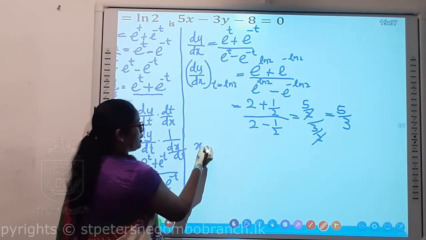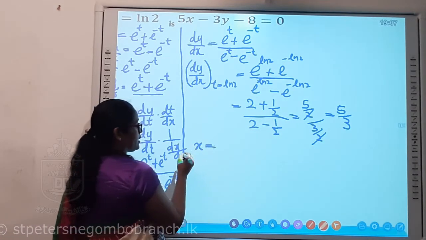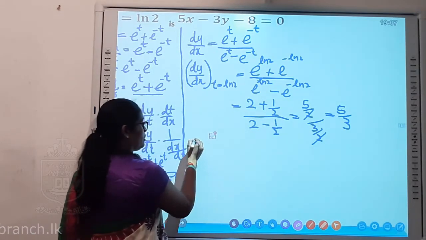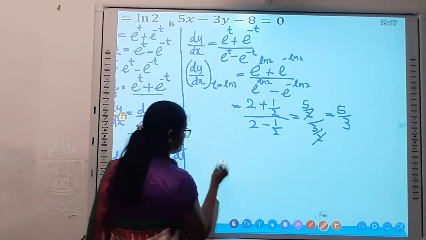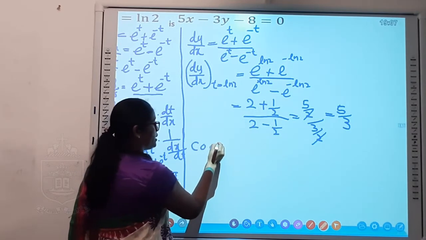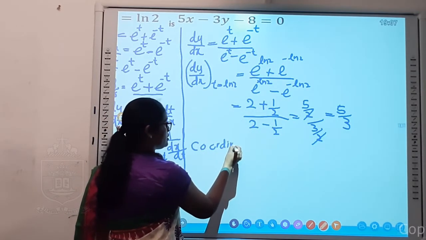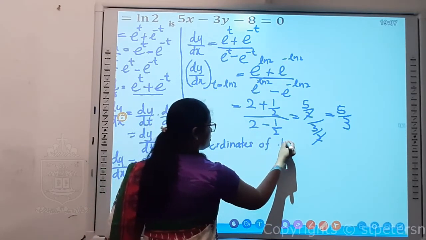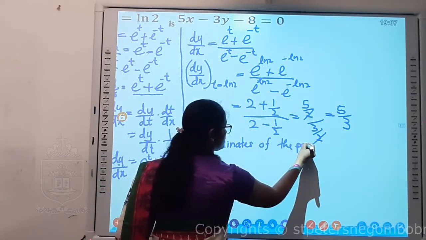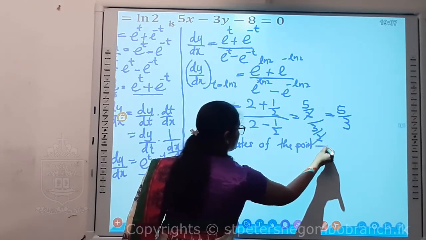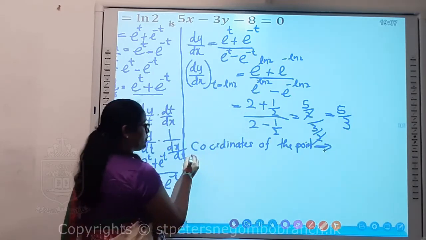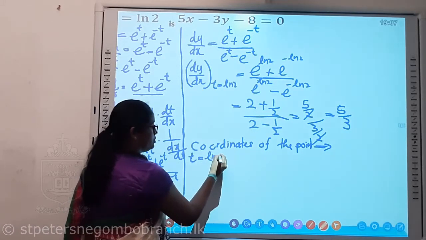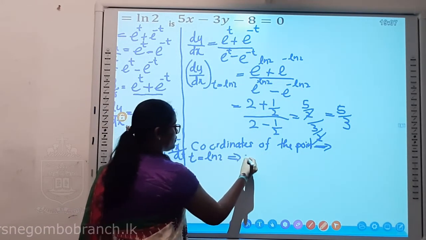I'm going to find the coordinates of the point, starting with the x coordinate. Now we know the value of t, it is ln2. So with this we are going to find x.